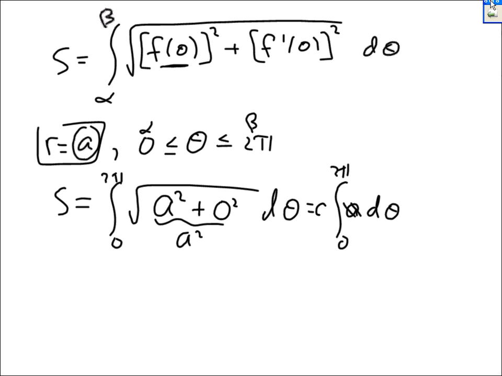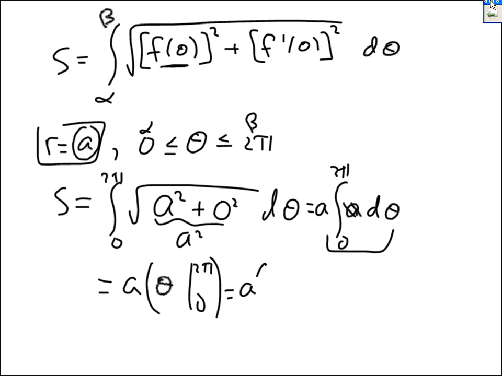A is a constant. Put it in front. The integral of d theta is theta from 0 to 2 pi. I'll even factor out the a. 2 pi minus 0. Why, that's 2 pi. And generally you write the answer as 2 pi a. That's the arc length, if r is just equal to a.